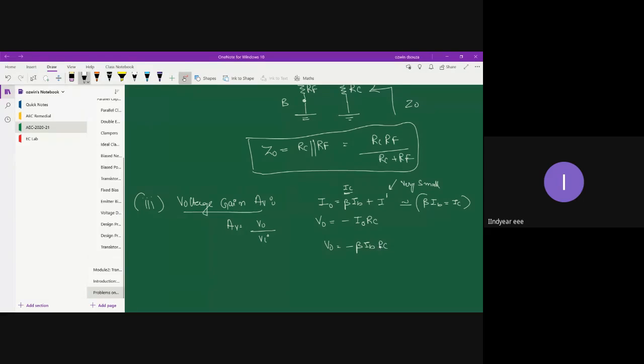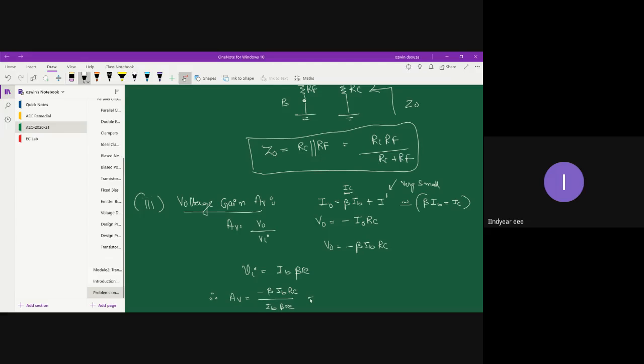And VI you can write as IB into beta RE. Therefore, your voltage gain AV is equal to output voltage, minus beta IB into RC, divided by input voltage, IB into beta RE.